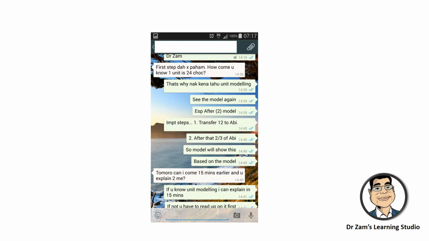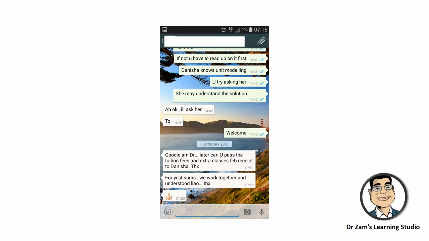But I know even if she gave me 15 minutes, it would not be easy to explain to her because she needed to know about unit modeling. So I was telling her she needs to read up about it first. Then suddenly I realized it's probably better if she discusses it with her daughter Danisha, because I know Danisha would understand the basics of unit modeling.